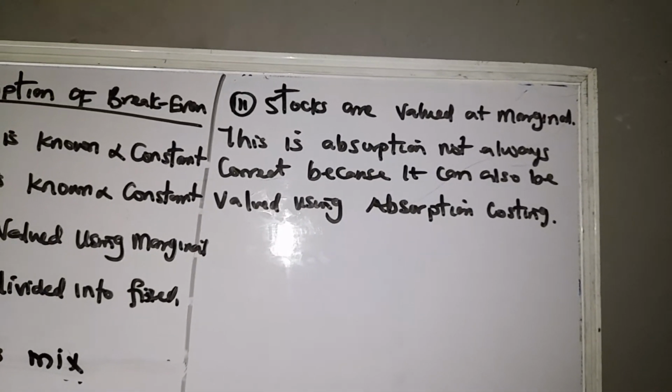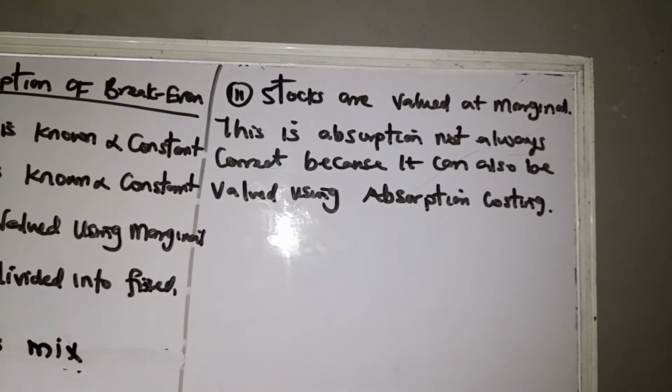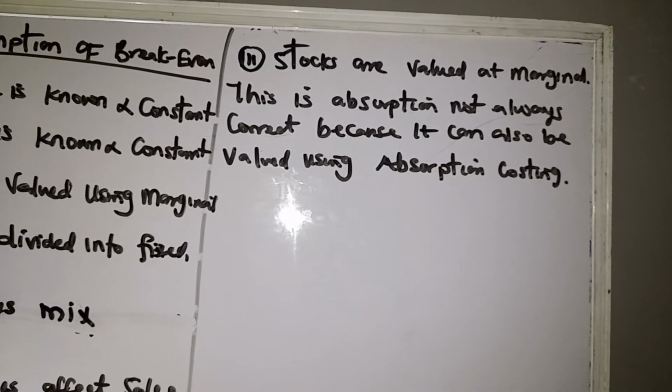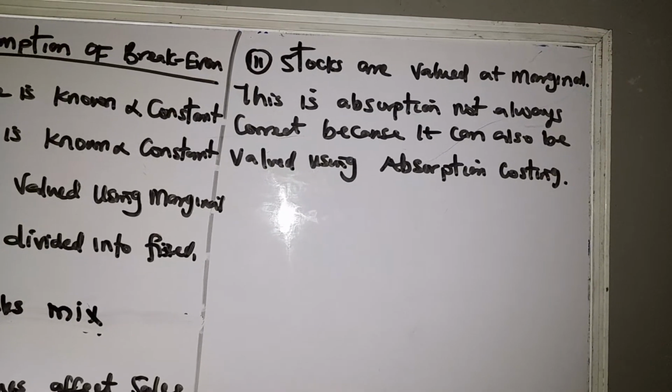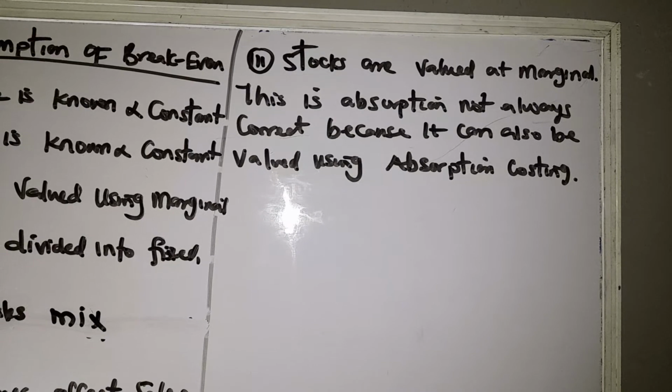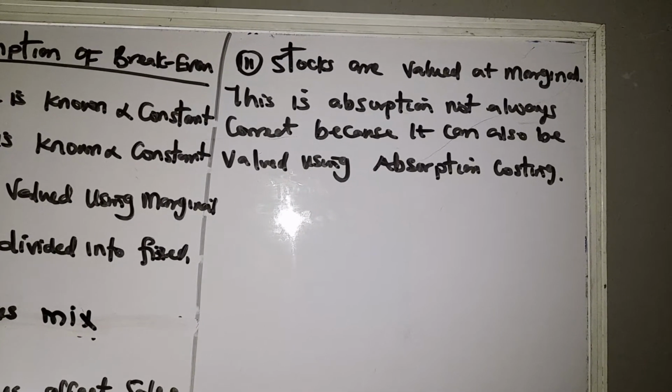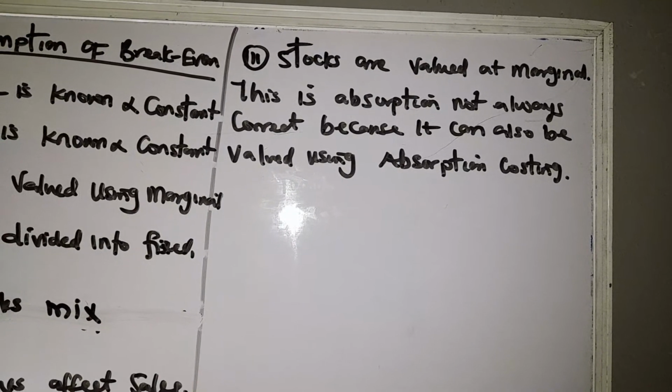Absorption costing. There are some questions you'll be given where they will use absorption costing to prepare it. So you are not the one that is able to factor them out. Pick out those costs that are relevant, those costs that are variable costs, those costs that you need, then you separate the fixed cost element from it.